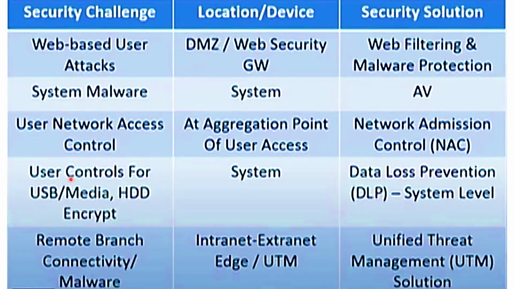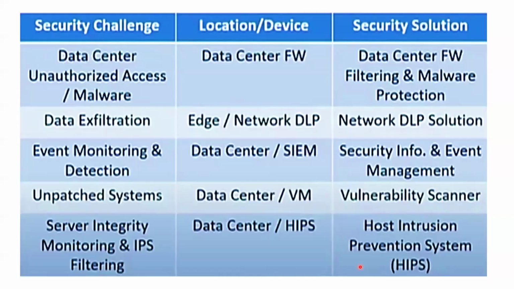For user control of USB media and hard drive encryption, which is usually a system issue, we should use data loss prevention systems. Then for remote branch connectivity malware, across internet, intranet or extranet, an edge or unified threat management system will be used to rectify it.